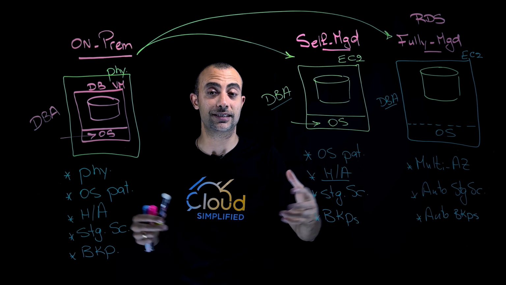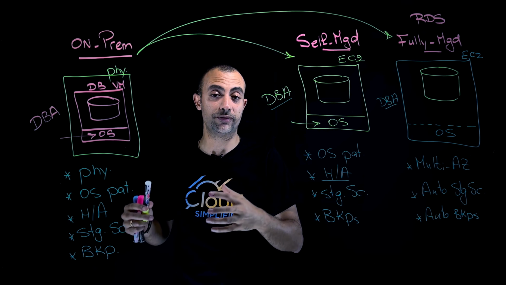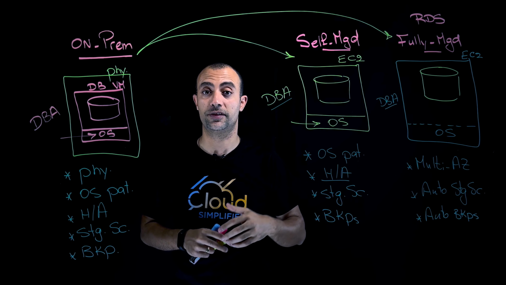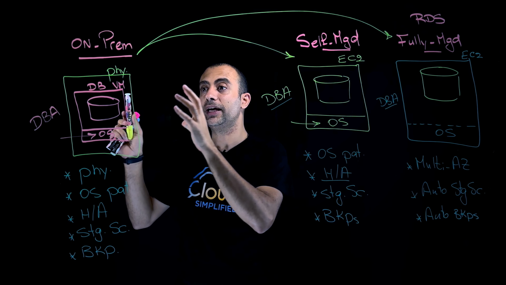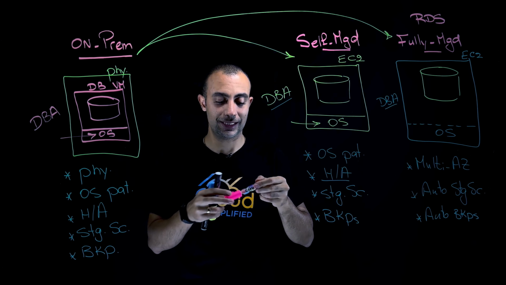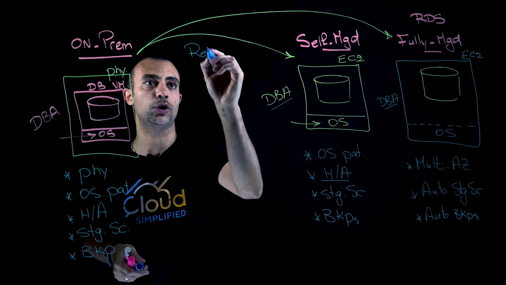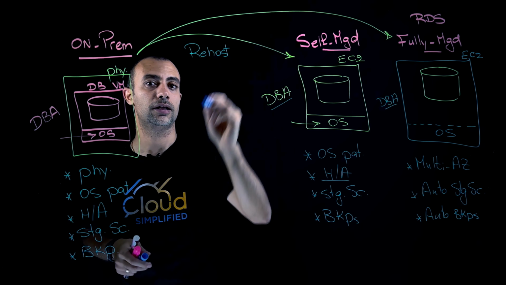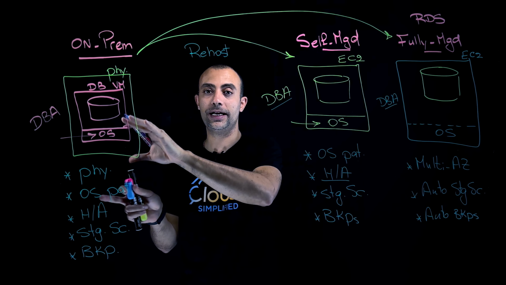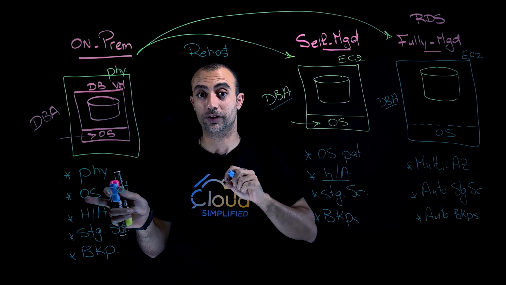If you haven't seen this video, I highly recommend that you go and rewatch the 7 migration strategies that we explained. If I'm migrating from on-premise to self-managed, that's exactly what we called a rehost. Lift and shift my database to a self-managed EC2 instance on the cloud.